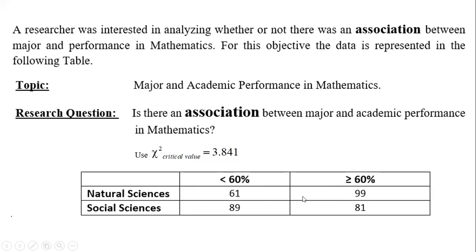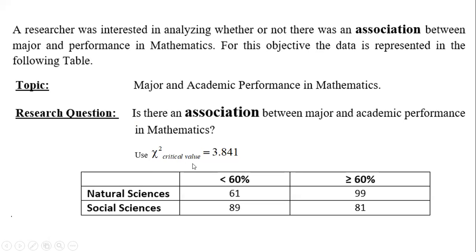And 99 students from the natural sciences scored more than or equal to 60%, and 81 students from the social sciences scored more than or equal to 60%. The information said to use the chi-square critical value of 3.841, because it is a critical value approach.